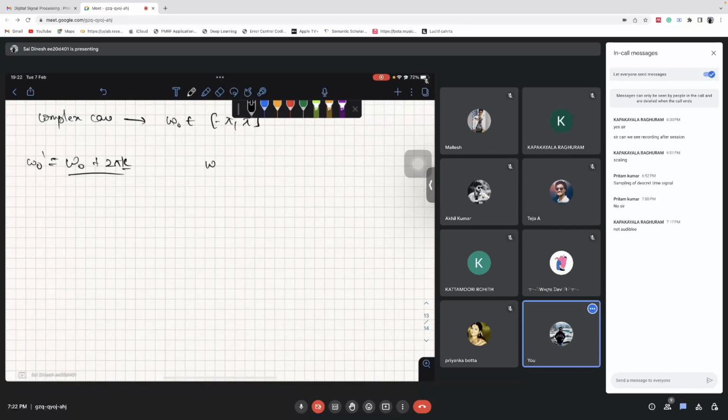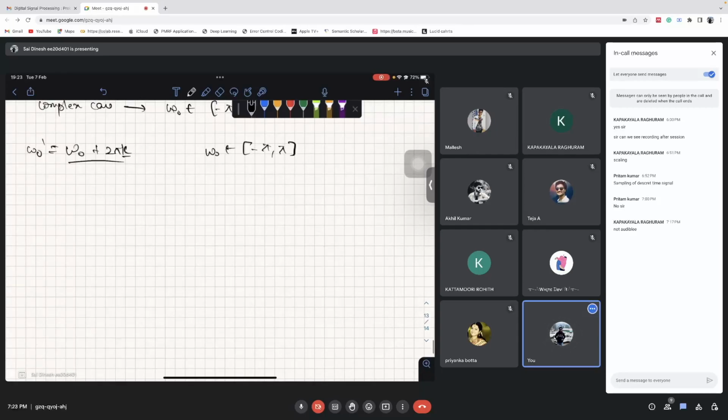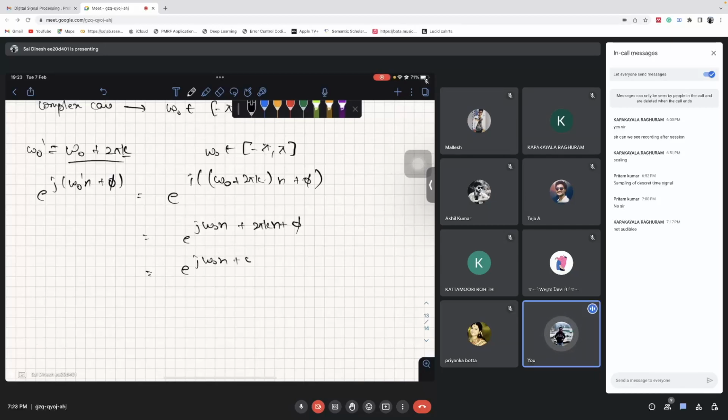Here omega naught belongs to minus pi to pi. So e power j omega naught dash n plus phi is equal to e power j omega naught plus 2 pi k n plus phi, which is equal to e power j omega naught n plus 2 pi k n plus phi, which is equal to e power j omega naught n plus phi.